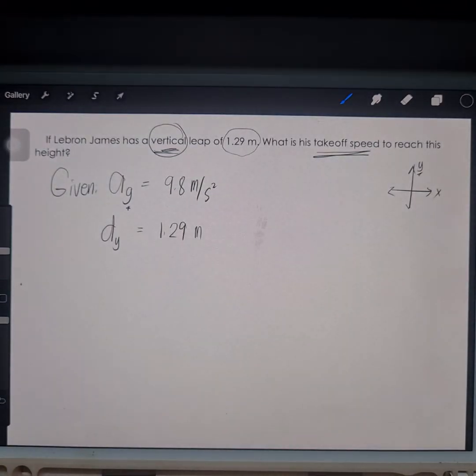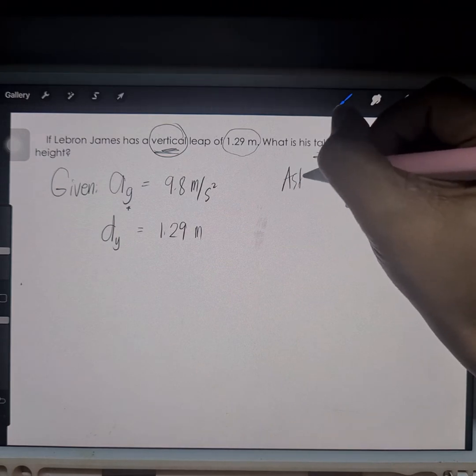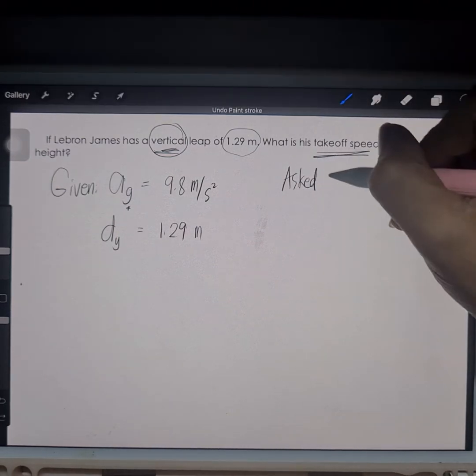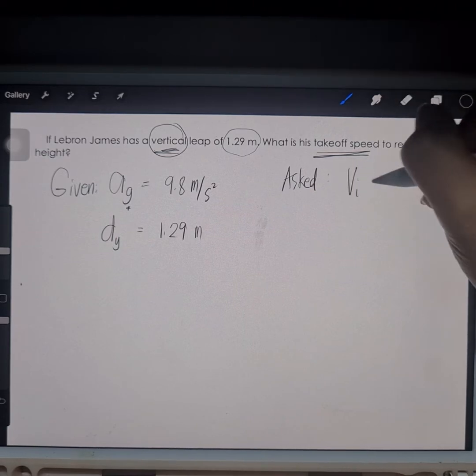Now, this is a much longer solution, but at least I'm going to be showing you what we have to do here. We are asked for the takeoff speed, so we have to find the initial velocity.